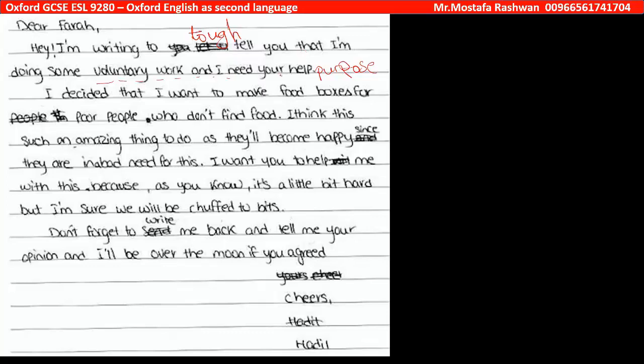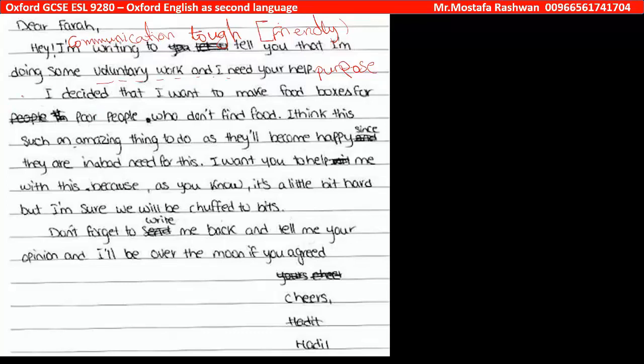Okay, so this is the introduction. The introduction needs what? The introduction needs a way of communication, or communicative language. So how can we know that this letter is friendly? And the student didn't show any friendly tone in the introduction.